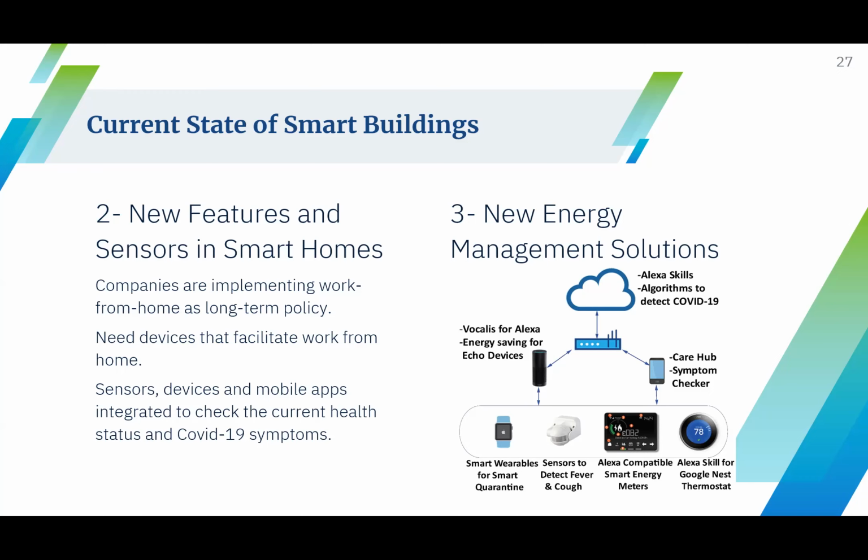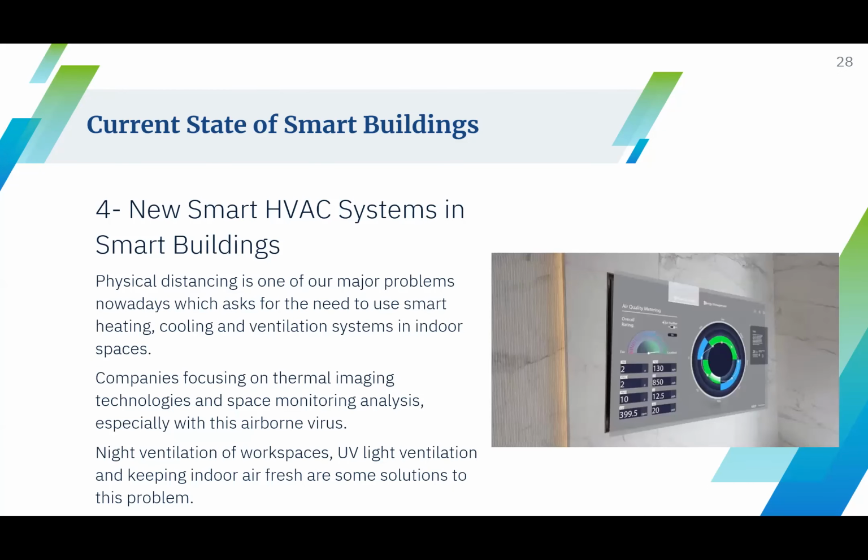That's why we need the integration of new smart HVAC systems in smart buildings. Physical distancing is one of our major problems nowadays, which creates the need for smart heating, cooling, and ventilation systems in indoor spaces.